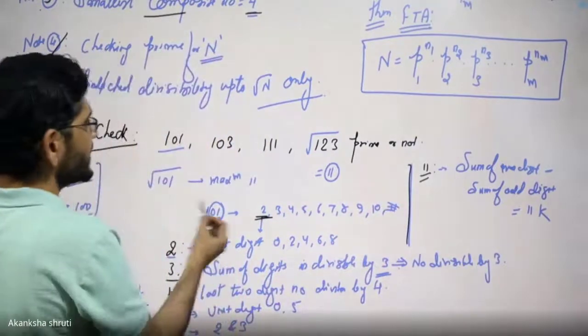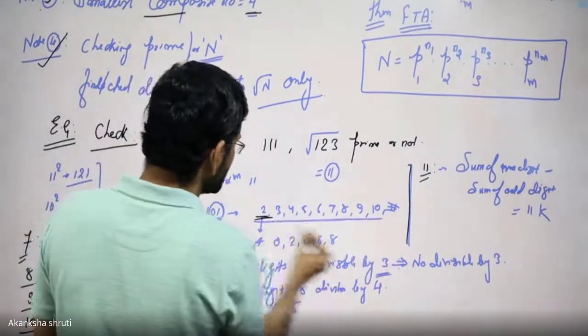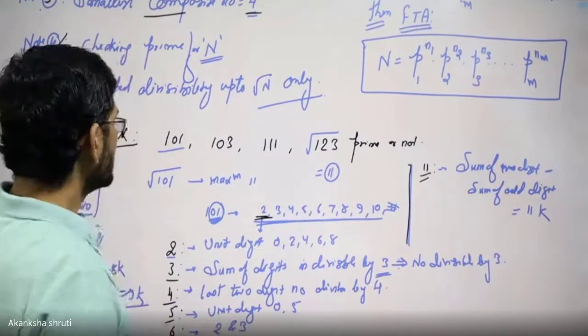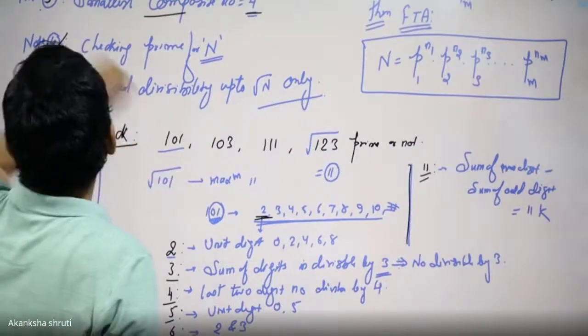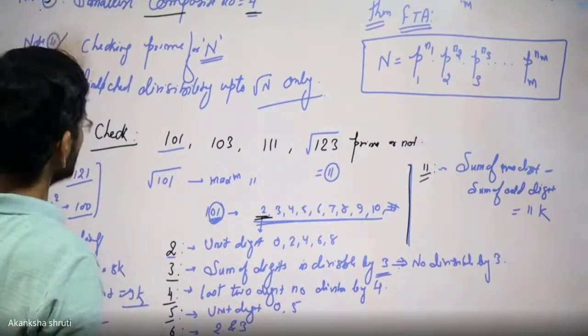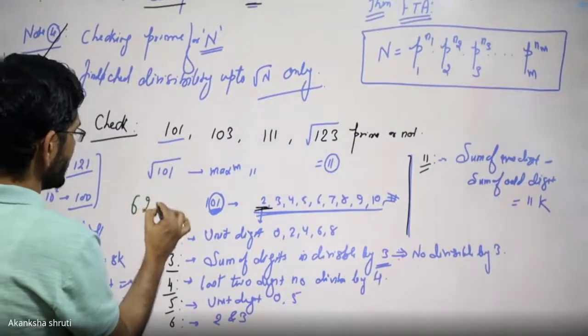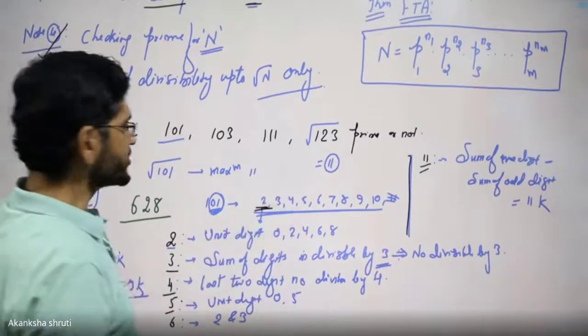So just take the square root of that number, and whatever the possible integers are up to the square root, we have to check up to that. This is very helpful for 3 or 4 digit numbers. For example, if you are given 628, up to which integer shall we check?